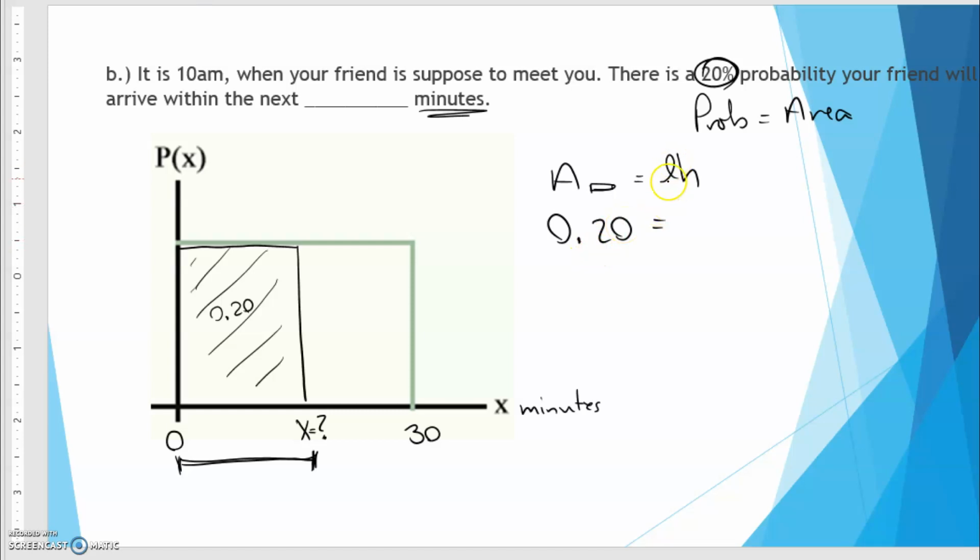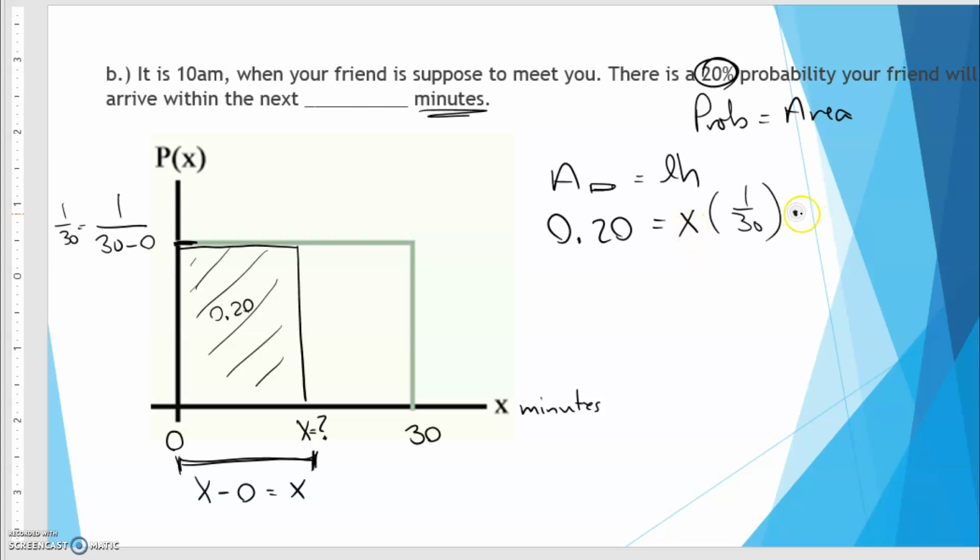And then the length, that would be x minus 0, or just x. And then my height would be 1 over 30, my b, minus 0, my a, which would give us 1 over 30. So times 1 over 30. And what I'm really doing is just solving for x.